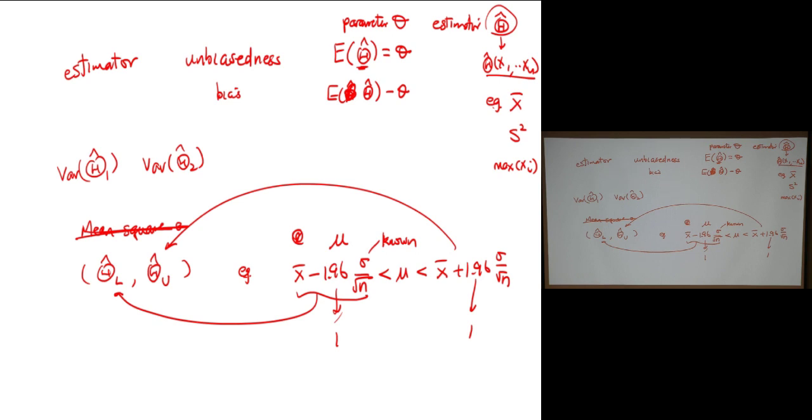Basically, this is simply saying that this random interval covers the unknown parameter mu. We would like to know what the chance is that it covers. Compare this with x bar minus 1 times sigma over root n, plus 1 times sigma over root n.